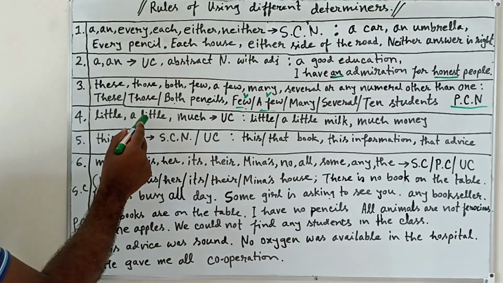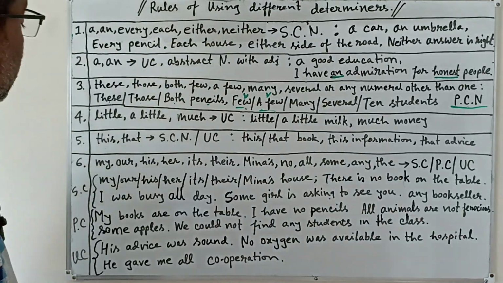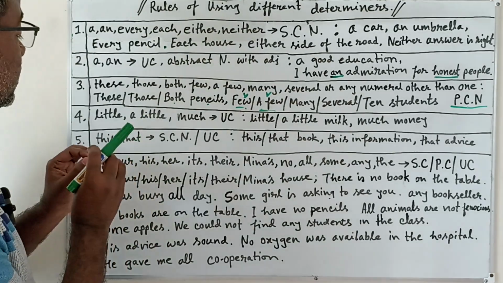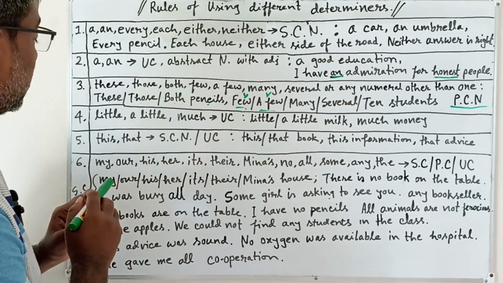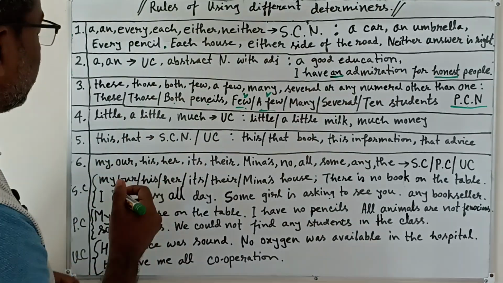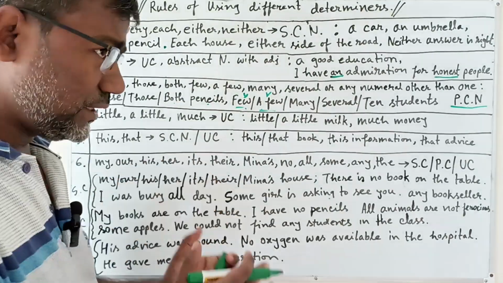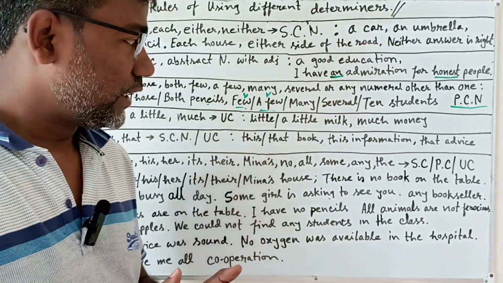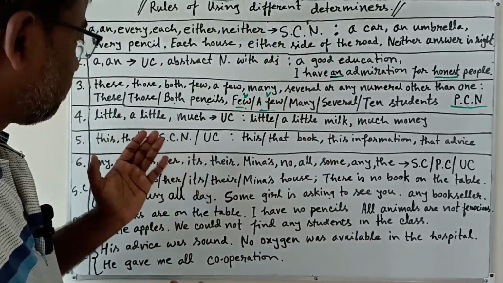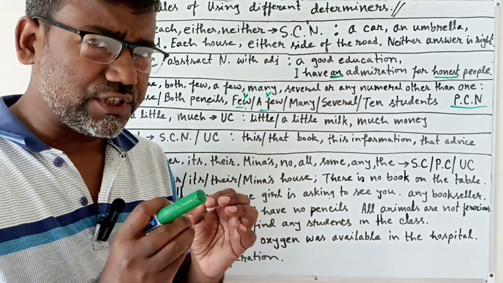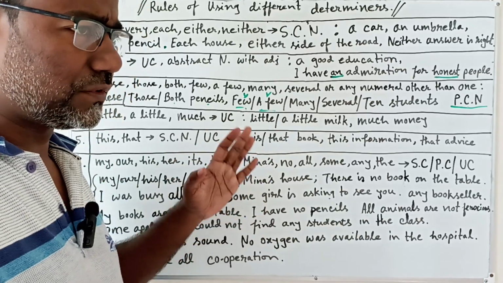Little and a little. I have to say something. There is a very small difference between a little and little. Little means not much. A little means not much. But when you say little, it is so small amount that it is ignorable.